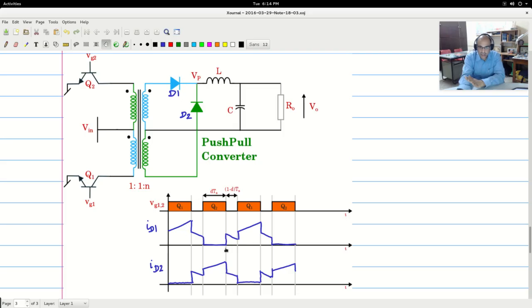These diode currents will be exactly the same, and the input-output relationship, the inductor currents and the voltage across the inductors, the frequency with which the DTS and 1 by DTS that we say, the pole voltages will be very, very similar. What will change is the primary part, and that is what I am going to change and then point out the difference to you, and this will give you an idea of how the half bridge and the full bridge circuits will work.